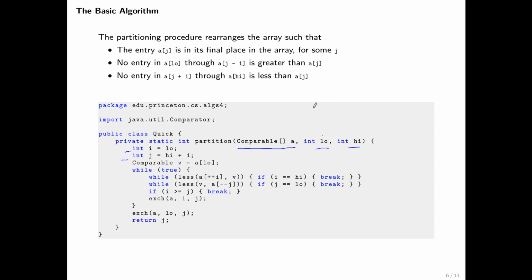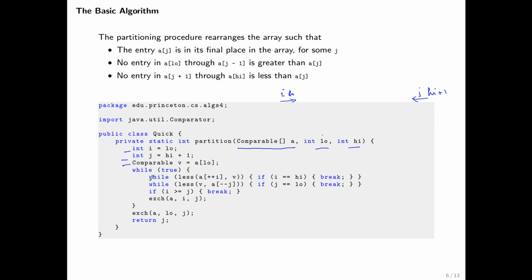So I and J scan the array from the opposite ends. So I goes this way from low, and J goes that way from high plus 1. All right. So I scans the array in this direction, J scans the array in that direction.